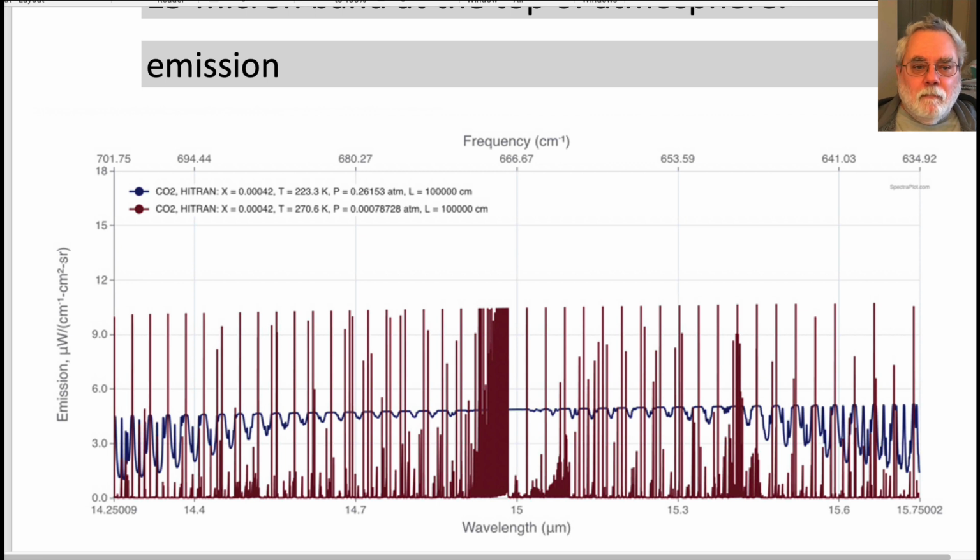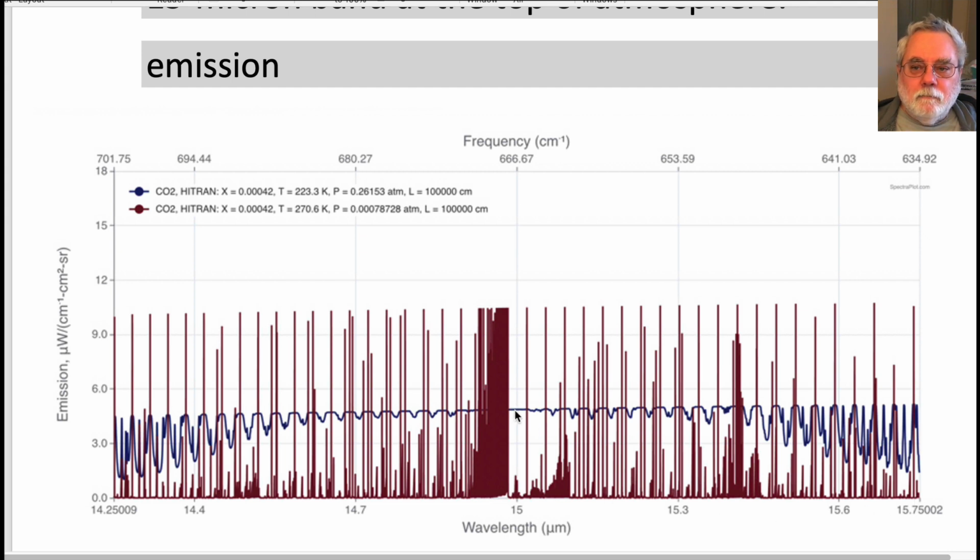Emission. Here is a spectral plot graph of emission from 1 kilometer slices of the atmosphere at 2 altitudes, from 14.25 to 15.75 microns.